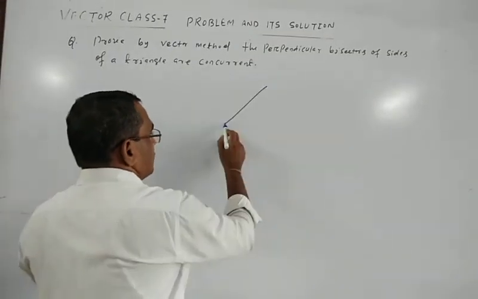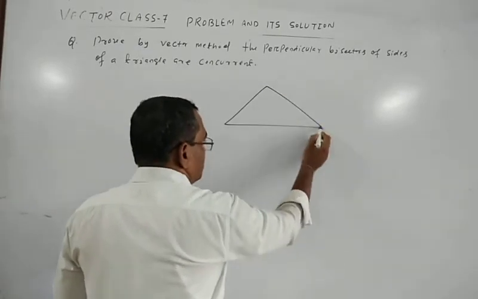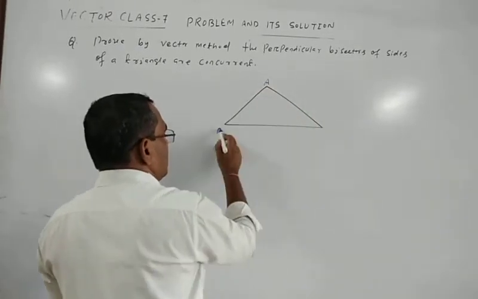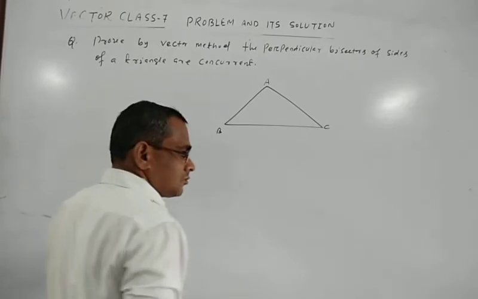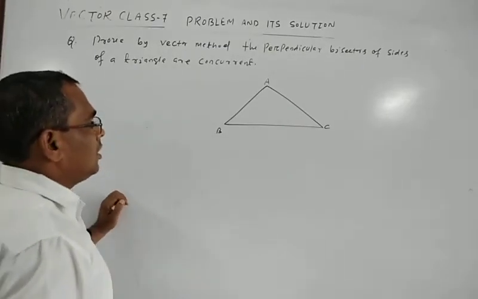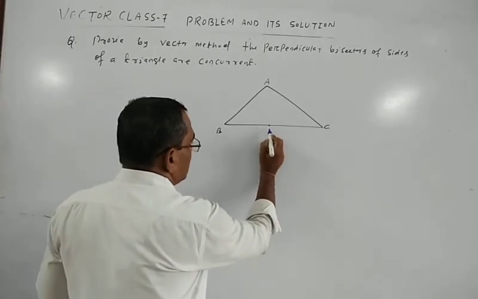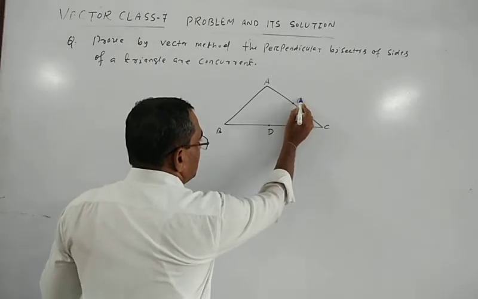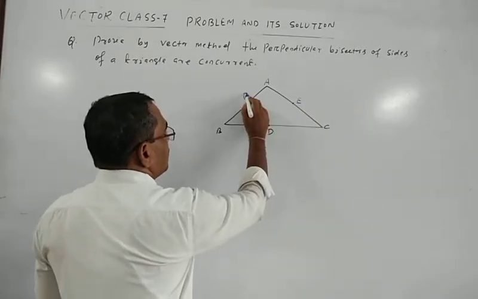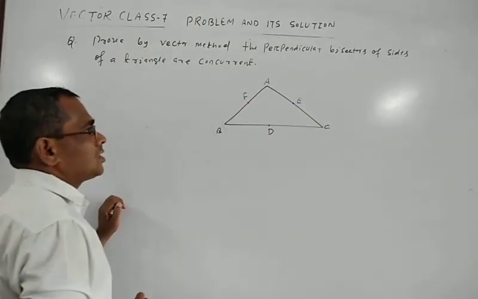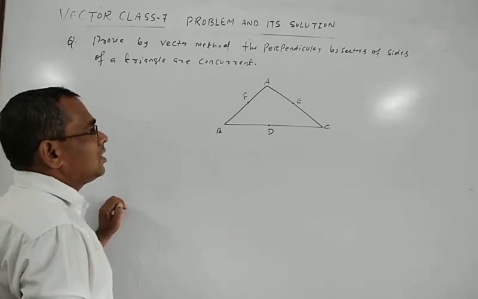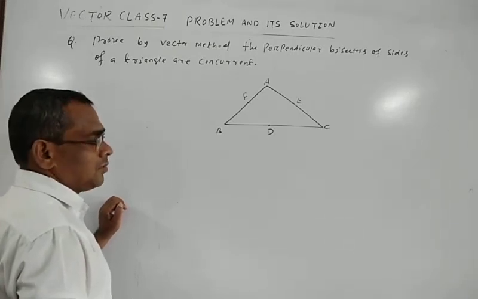So first we take a triangle, any triangle ABC, where D, E, F are the midpoints of sides BC, AC and AB respectively.